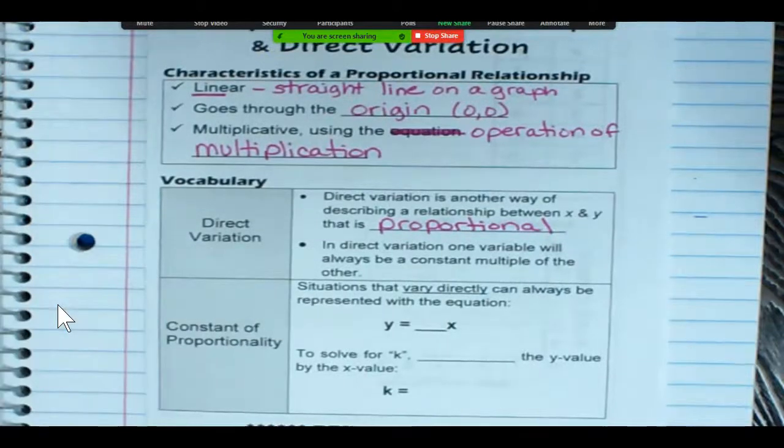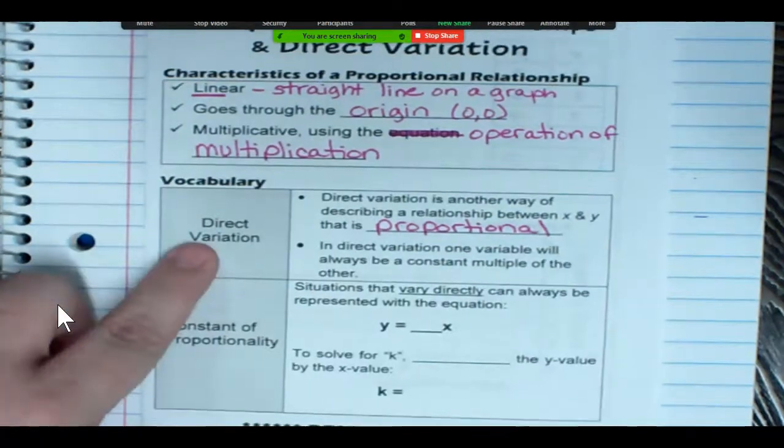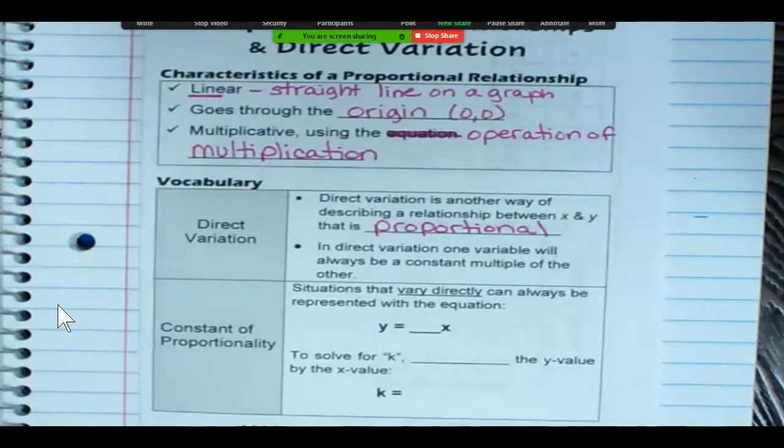Y is a direct variation of whatever you're doing to that x coordinate. Remember back when you had to do process tables, you had to do an XY table, and you had to figure out the rule? That's what we're talking about. It directly varies. The y, your answer, is a direct result of what you did to x. All right.